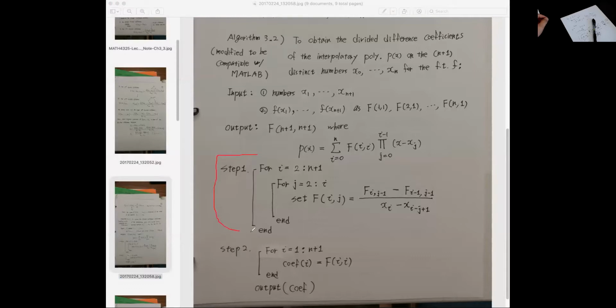All right. So we know that all the diagonal entries must be stored in a coefficient. Okay. Right. So now what's next?